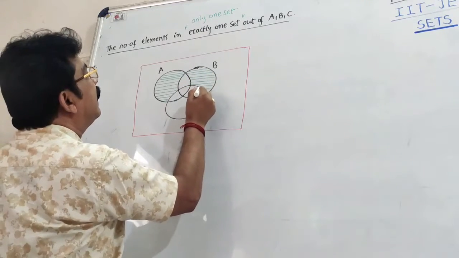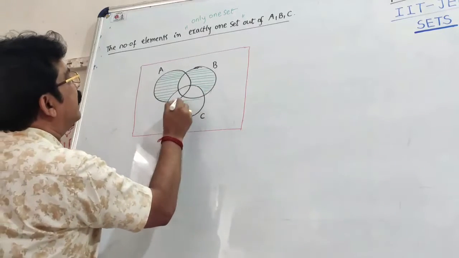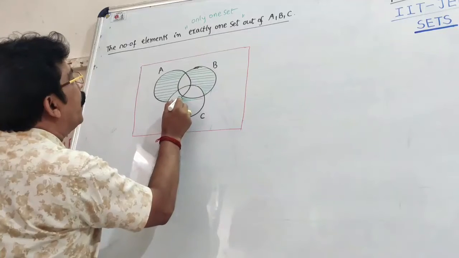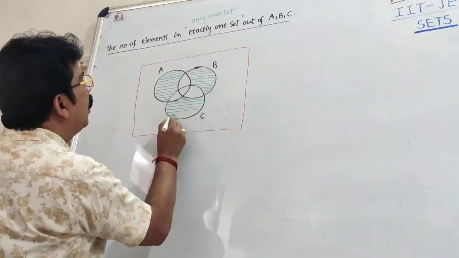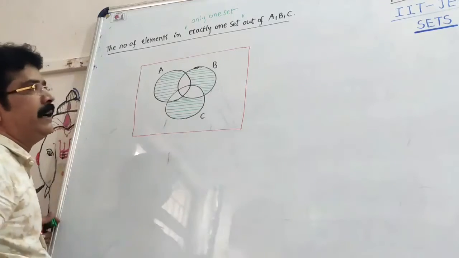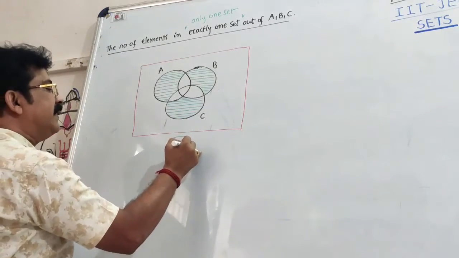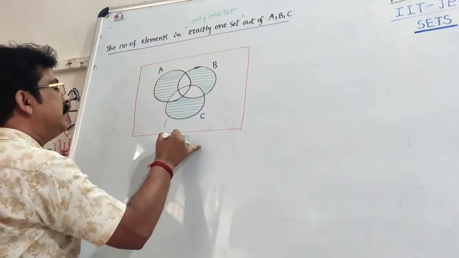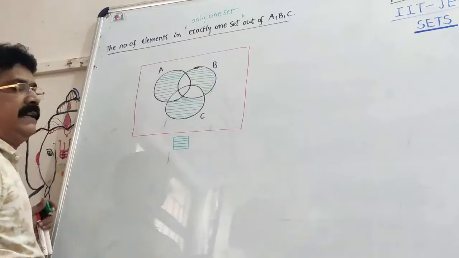Next, this one, only C. So, we want this total area. We are finding this shaded part. Is it visible?